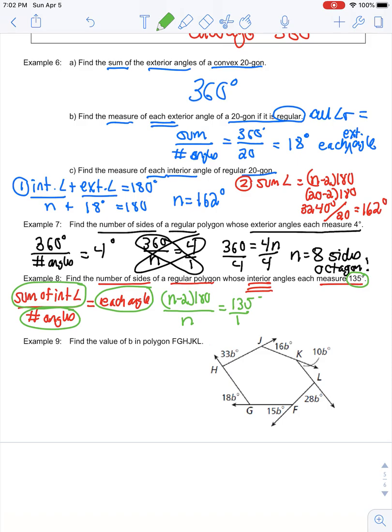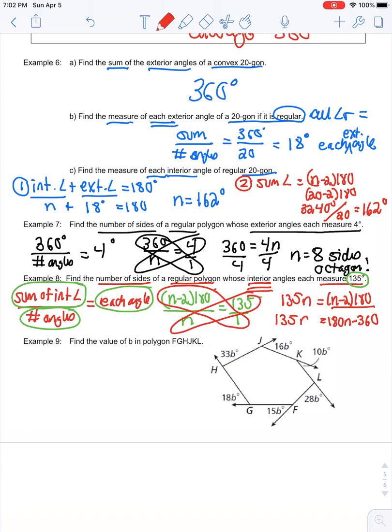And again, if we cross multiply, set up my proportion, I'm going to multiply these together. That's 135n equals, and then multiply this times 1, and n minus 2 times 180. I'll distribute, so 180n minus 360 equals 135n.